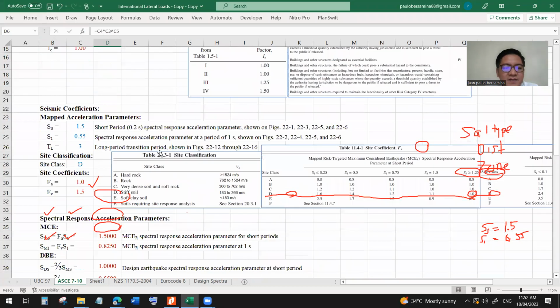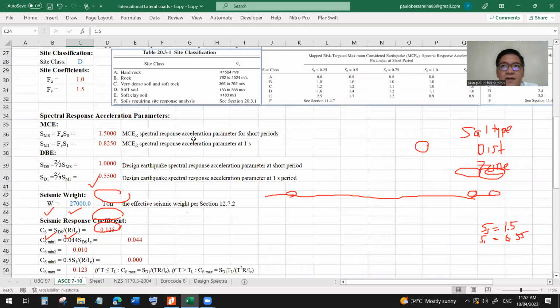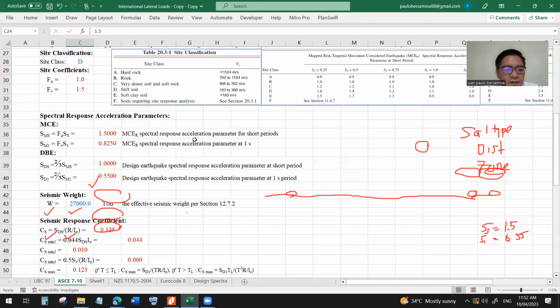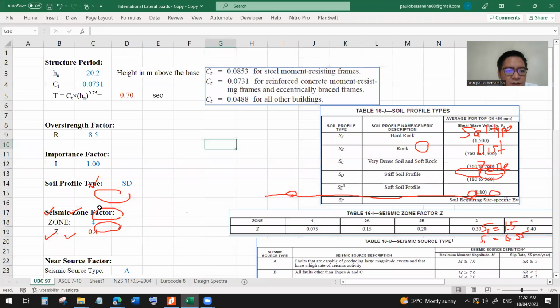And then, teka. Tapos English units pala. Meters.